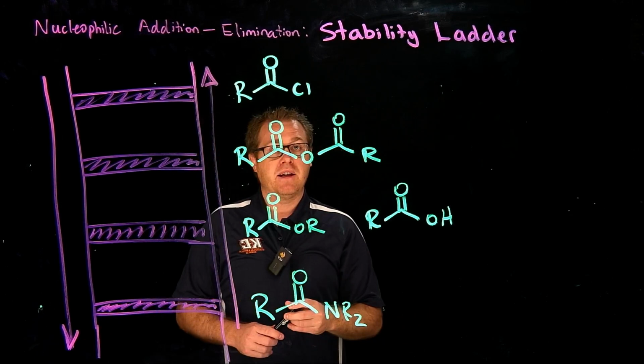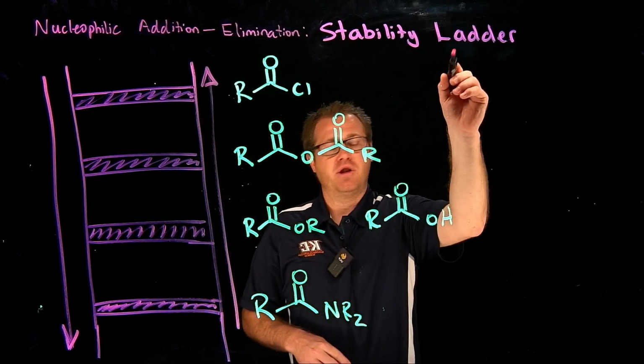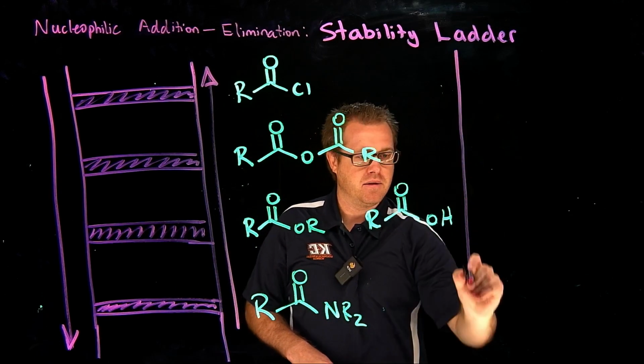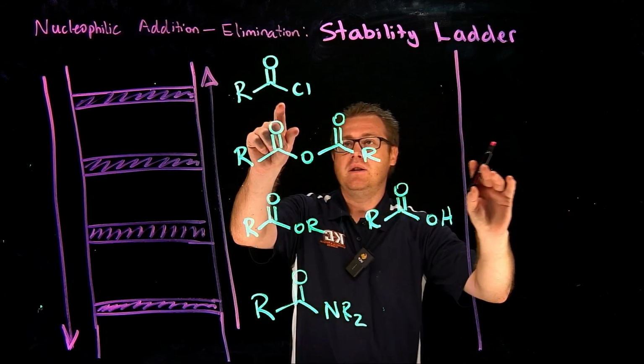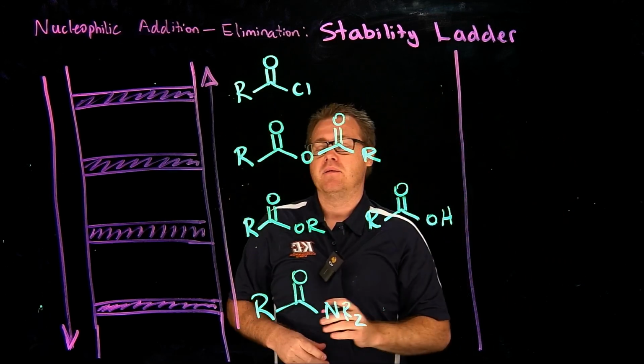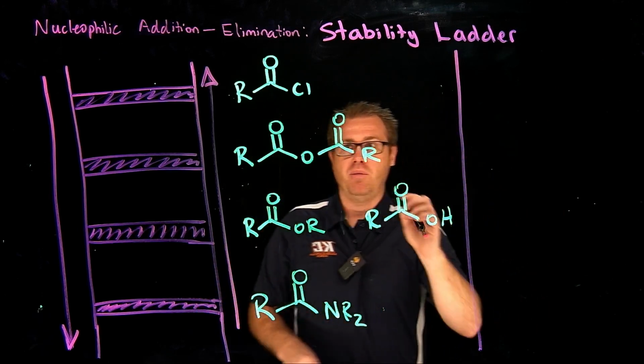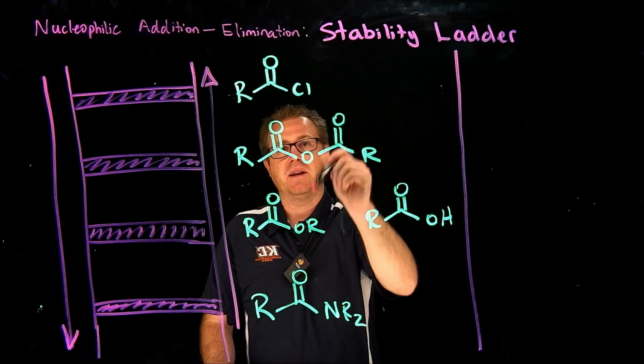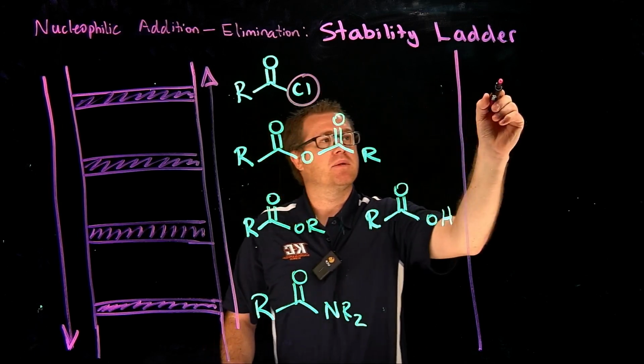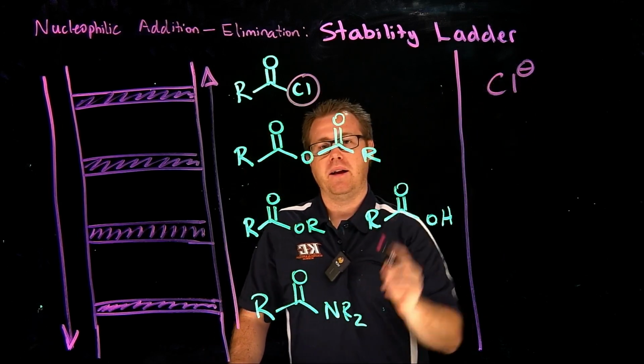And another thing that we could take a look at is another column here on this side. These are the carboxylic acid derivatives. But what's the leaving group on these derivatives? That's the leaving group, so that would give us a chloride.